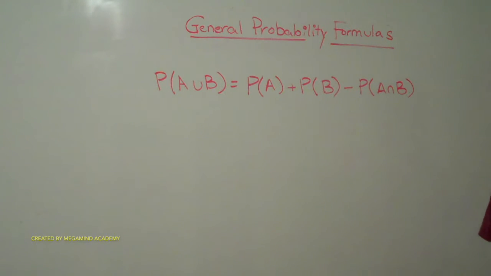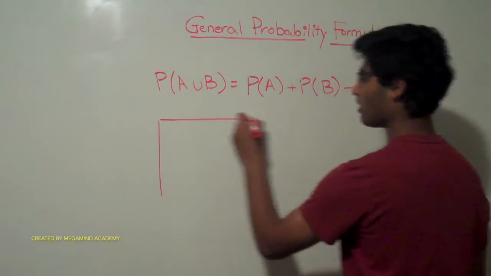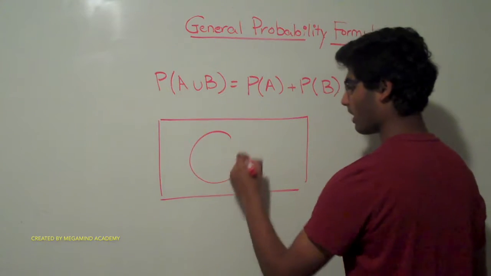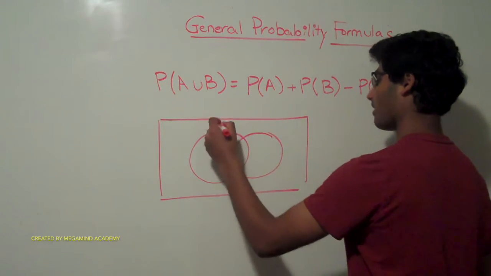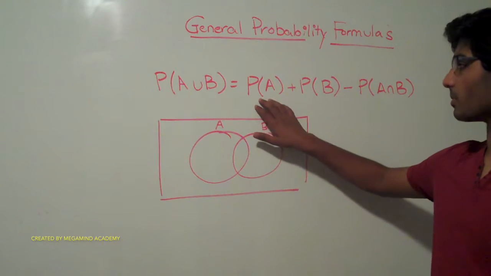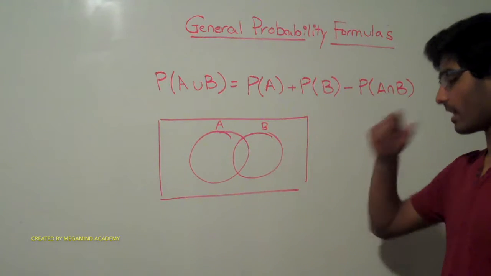So let's visualize this on a Venn diagram. We have our sample space here, and then we have one event and another event, A and B. We want to find the probability of event A or B, so this sort of sideways figure 8.